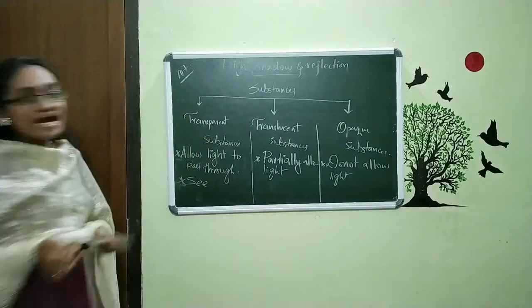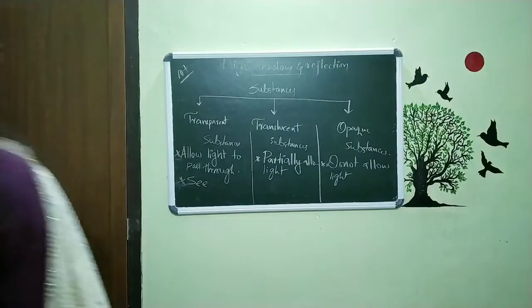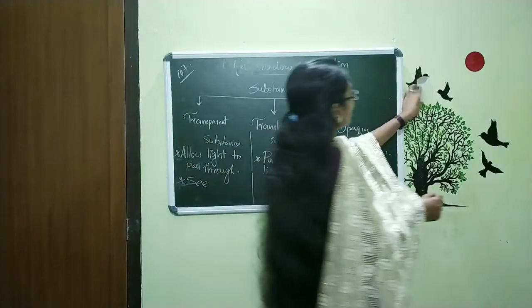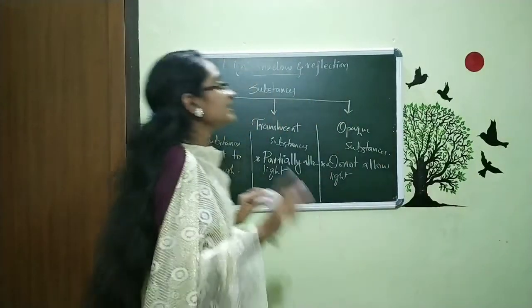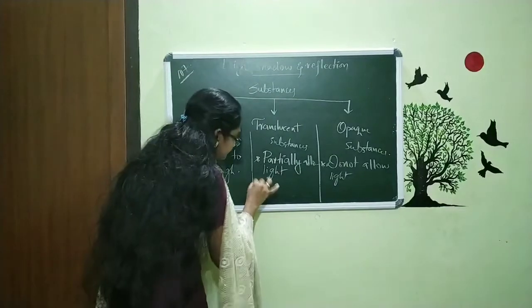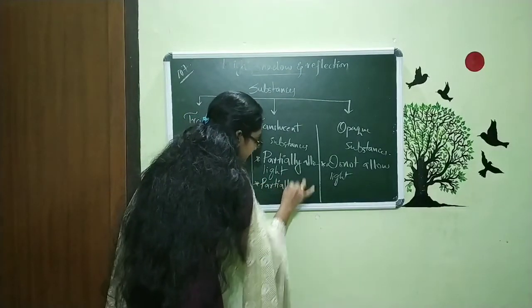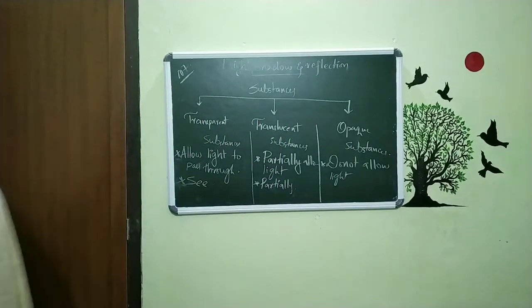And what about the translucent? This is one translucent piece of paper, and when we are observing this, we can see, but only partially.